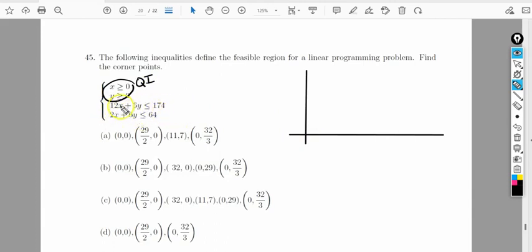So to get y by itself, I subtract 12x from both sides, and then divide both sides by 6. And so no arrow change. To get y by itself, I subtract 2x, and then divide both sides by 6. No arrow change. So let me put these in the calculator.